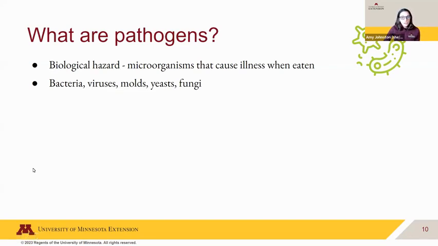Some of these pathogens are found in the soil or the environment, others in the gastrointestinal tracts of animals and birds, and can contaminate foods during growing, harvesting, or processing. And other pathogens are spread from an infected person to foods.